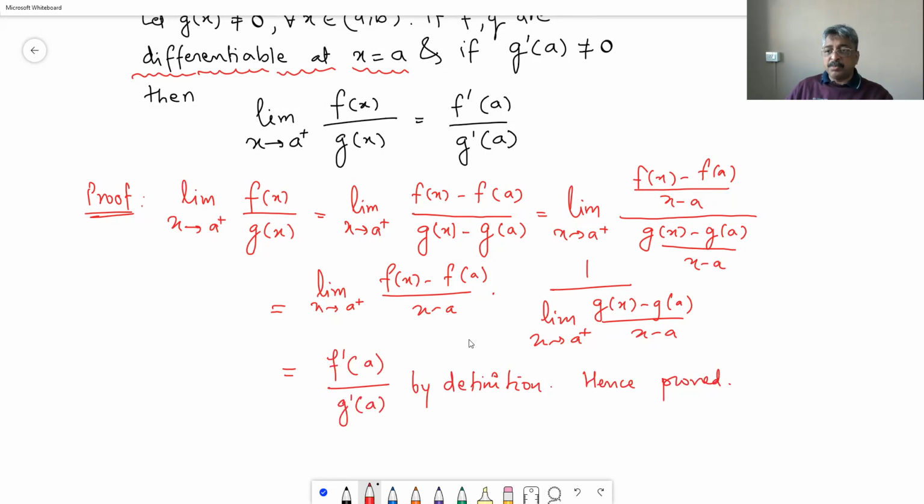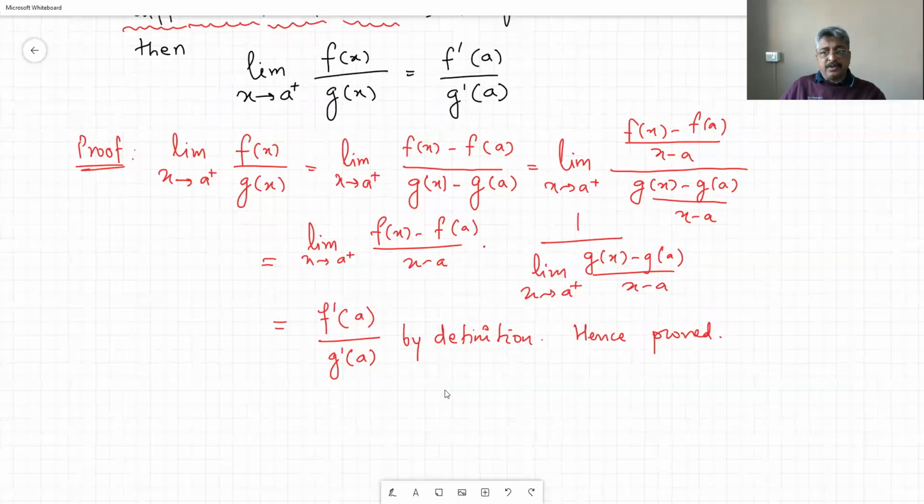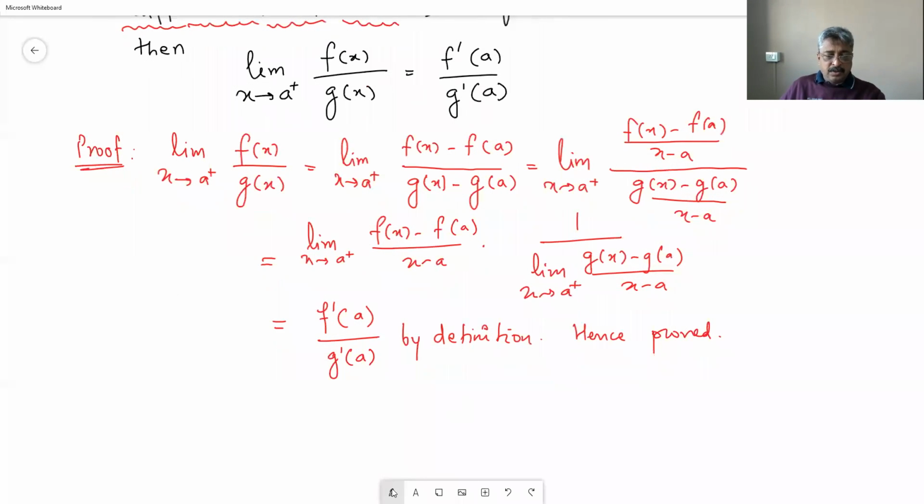So it is a very simplistic proof. Now let me give you an example. Suppose limit x tends to 0 plus of sin x upon root x.